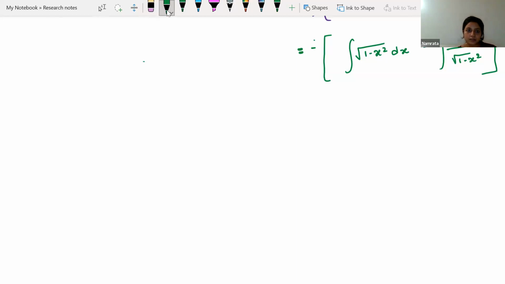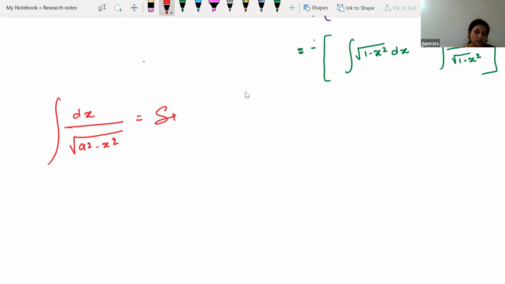Let me write. dx by under root a square minus x square is equal to sine inverse x by a plus c.